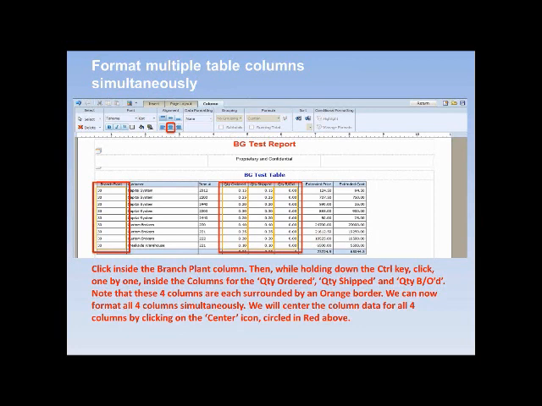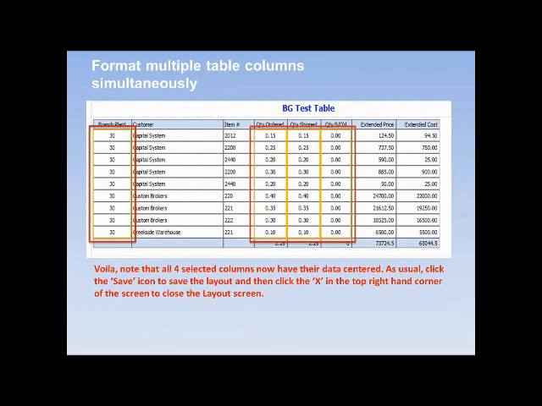I can now format all 4 simultaneously. And what I plan to do is center the column data for all 4 columns by clicking on the center icon, which is circled in red at the top of the screen, that little small rectangle. And voila, here we go. All 4 columns in one shot, instead of doing one at a time, have been centered. So I can save this and close it in the same way.